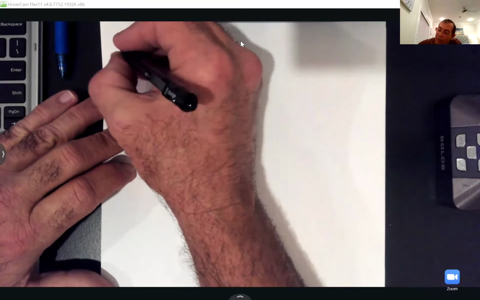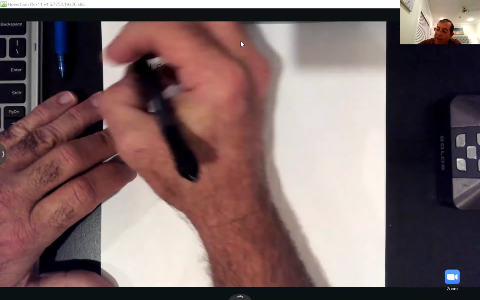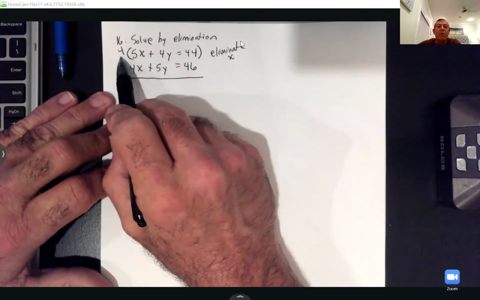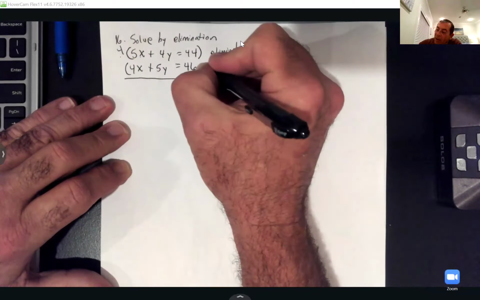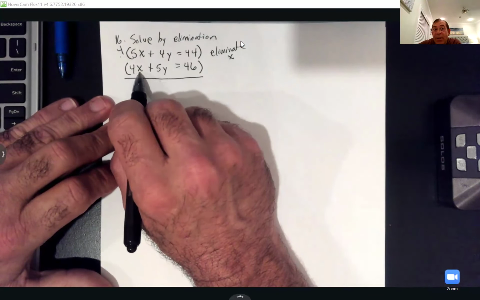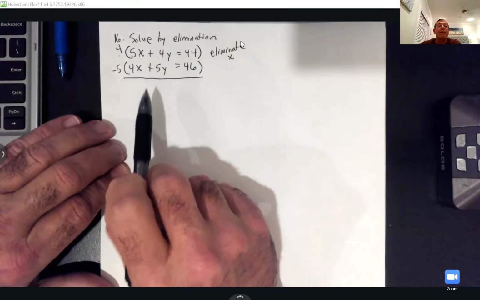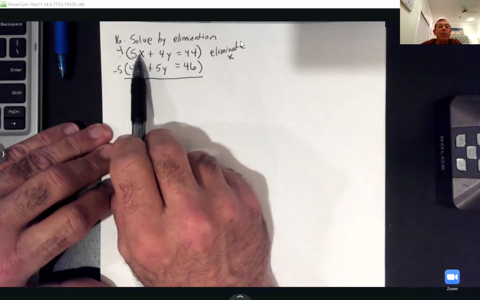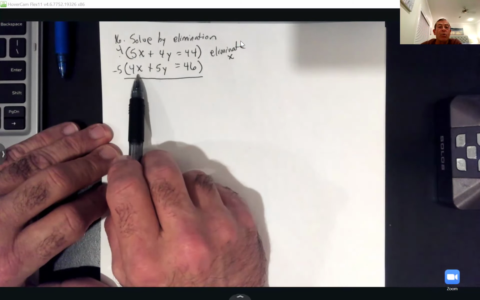So I'm going to multiply the top row, this top equation, by a 4. Because 4 times 5 will make that a positive 20. The second row here that's got a 4x, I'm going to make this a negative 20 by multiplying that row by a negative 5. So 4 times 5 here will give me a positive 20. Negative 5 times 4 will give me a negative 20.